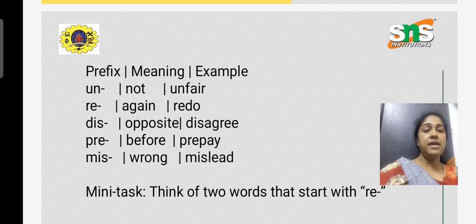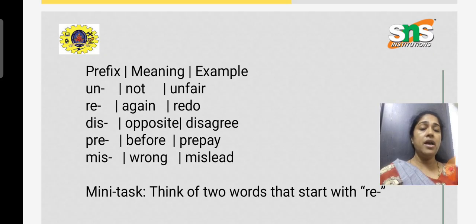Disagree: I'm not going to agree with you, this idea is not good. I disagree. Prepay means you have to pay before. And mis means wrong. Mislead: what you're doing is not good, you're misleading the team. So when you add a prefix, the word's meaning is totally different.